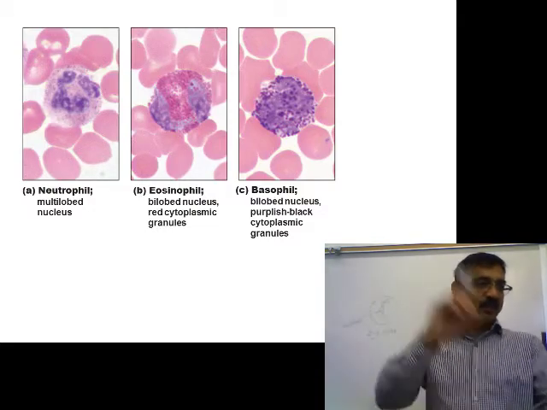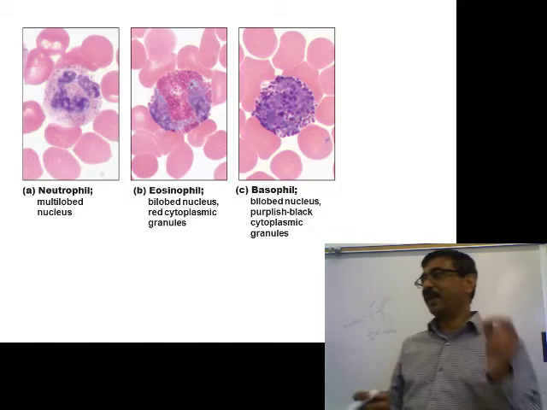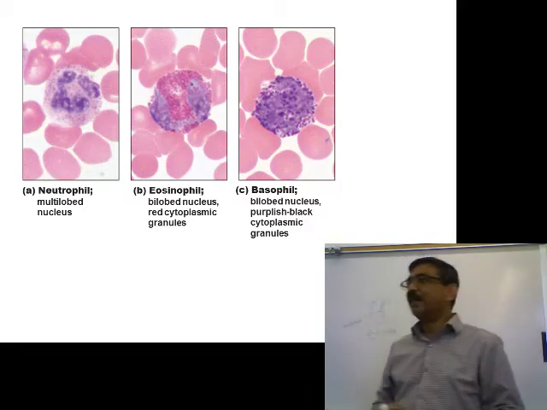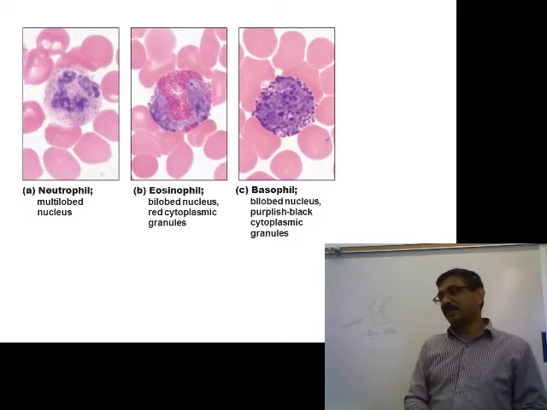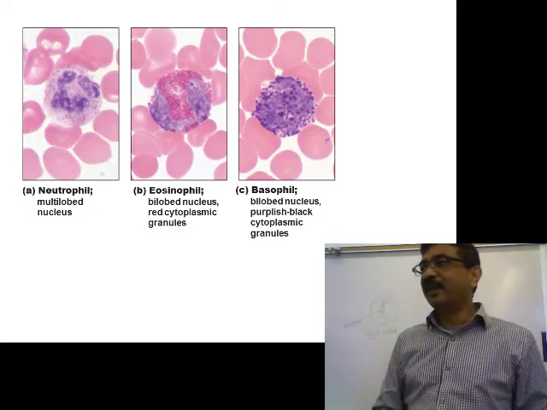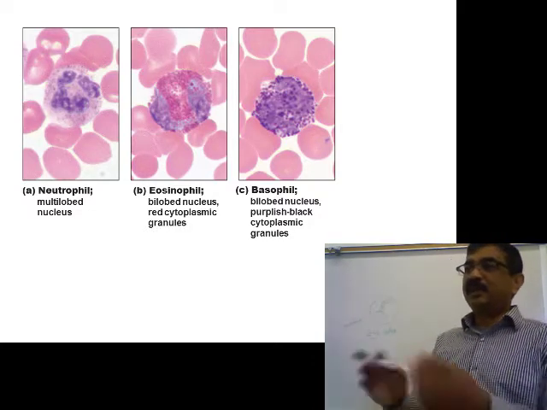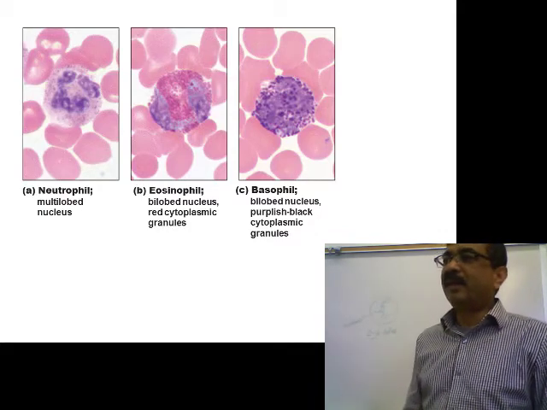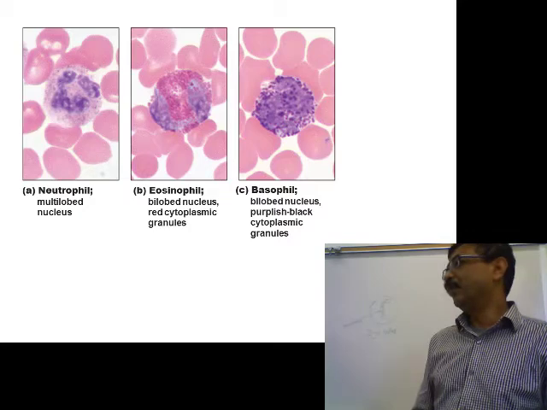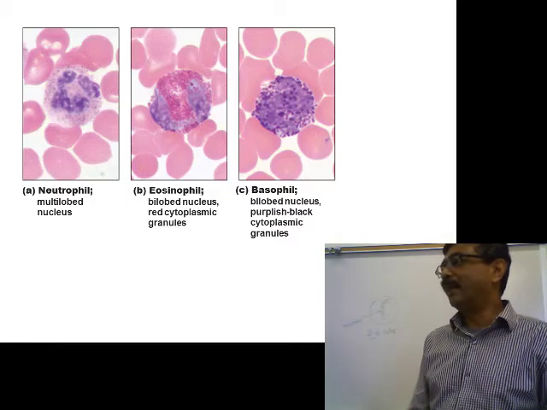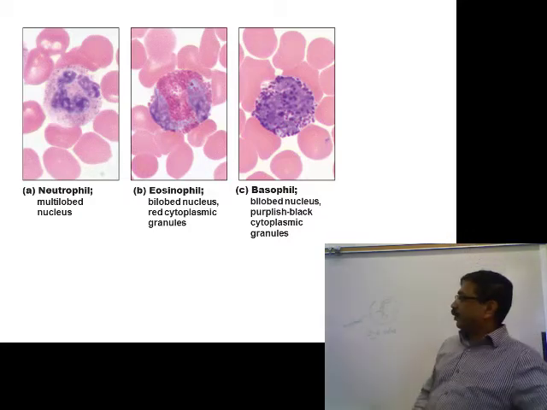You know, acid will neutralize the base, base will neutralize the acid. Since the granules take both stains, they neutralize each other, and the color of the granules will be pale.